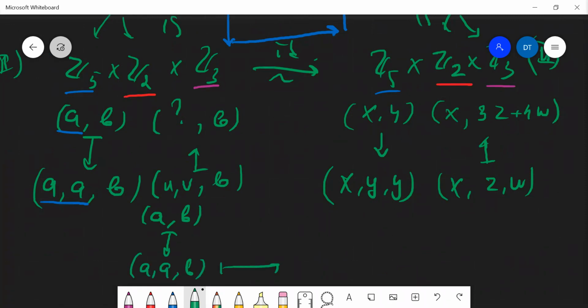Now when we go right, we do nothing, because the order of the factors is exactly the same. And when we go up, we apply this map. So A here, and here we have 3A plus 4B. So this is the formula for the isomorphism from the left-hand side to the right-hand side.